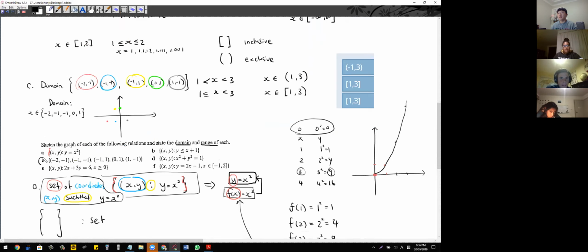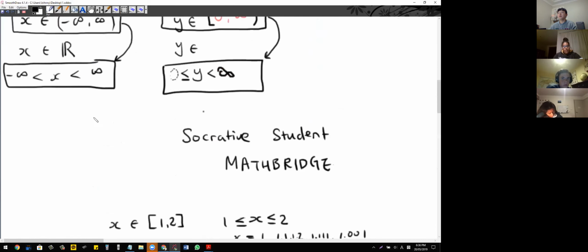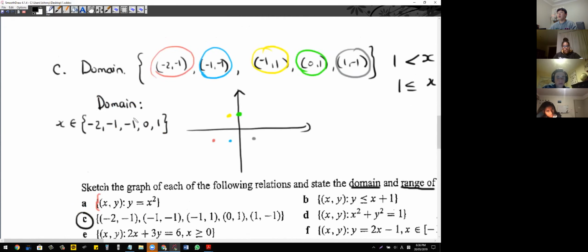But question C here is a little bit different from question A because you only have 5 coordinates there, right? Let me zoom in a little bit. Yeah, you only have the 5 points there, okay? So you only need to take these 5 points.